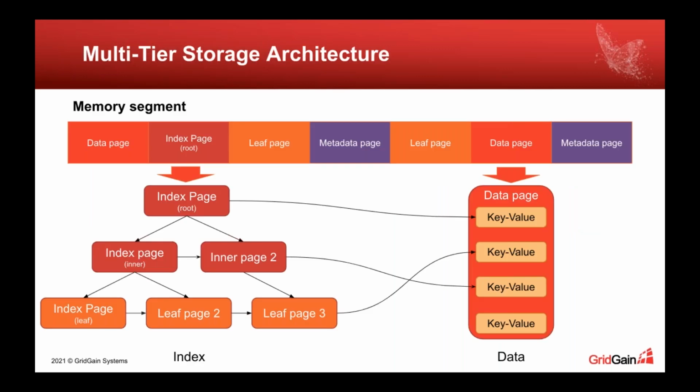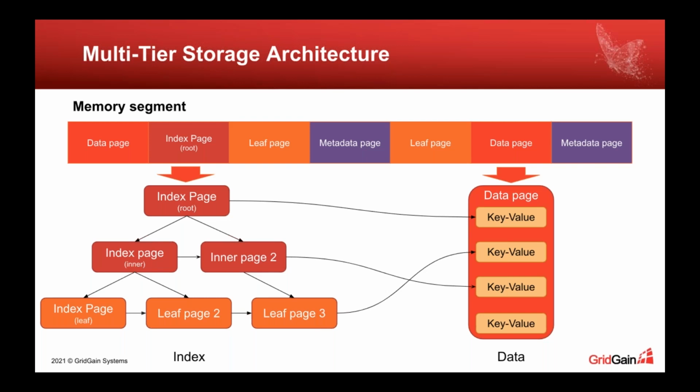The way it works is it's always based on the page memory architecture. I'm not going to go very deep into detail on how it works internally, but essentially the idea is that all the data and metadata that we have in Ignite is split in fixed-size pages, which is 4K by default.